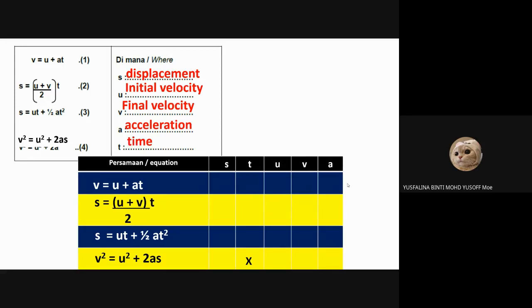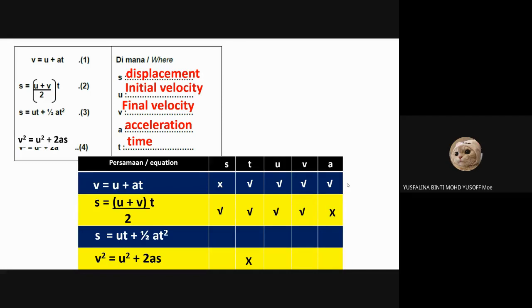Let's say V is equal to U plus AT means you must have U, T, V and A. For the second equation, you must have U, V, T and S and another one, then you can use this equation.